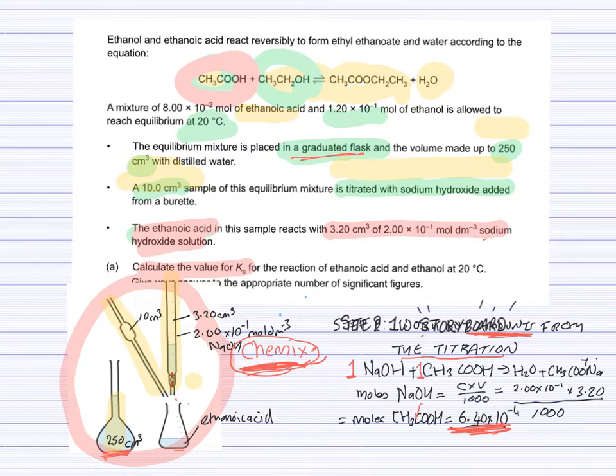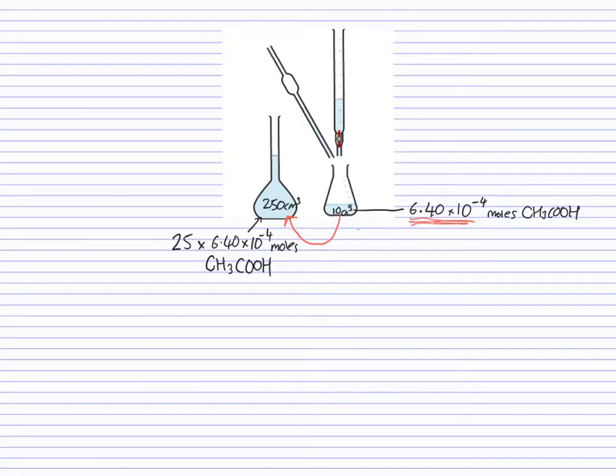And that was the amount of the ethanoic acid that was present in this 10 centimetre cube sample of the original 250 cubed in the equilibrium mixture that was in the graduated or the volumetric flask. So back to my storyboarding.